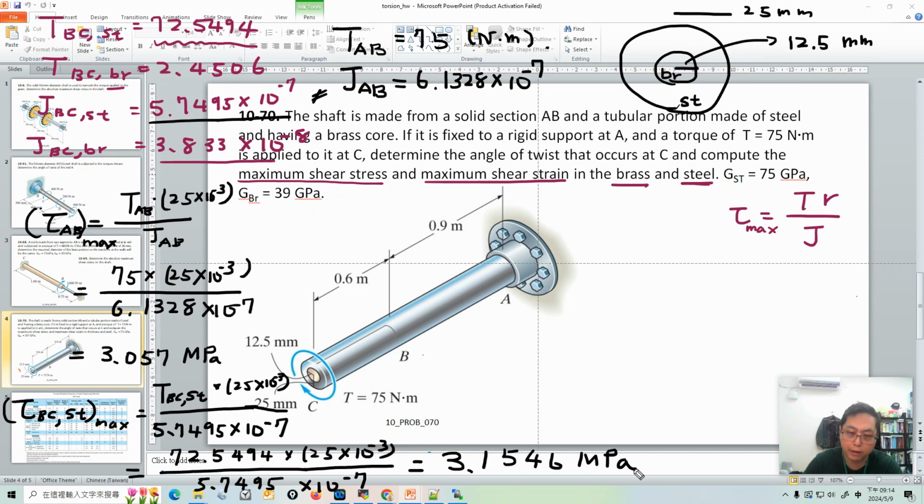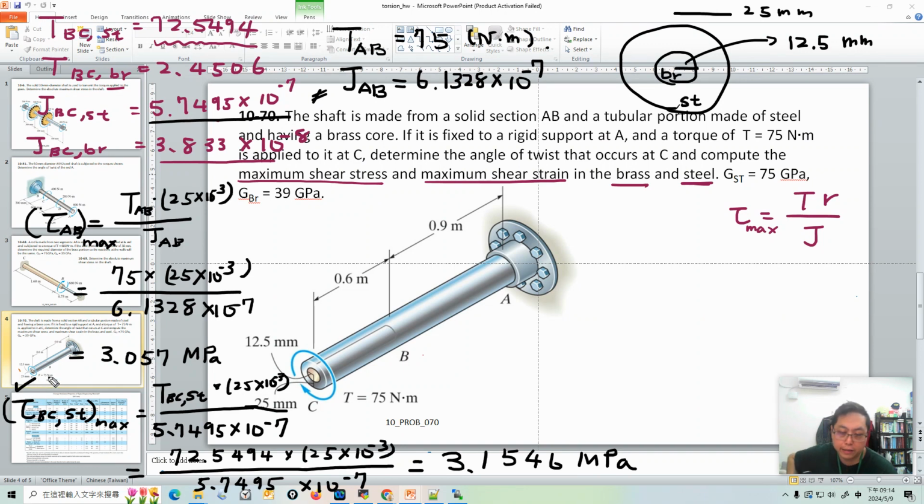Okay, so you compare the steel in the AB section and the steel in the BC section. The maximum shear stress at AB is only 3.05, but the maximum shear stress at BC is 3.1546. It's slightly different, but the maximum is here.